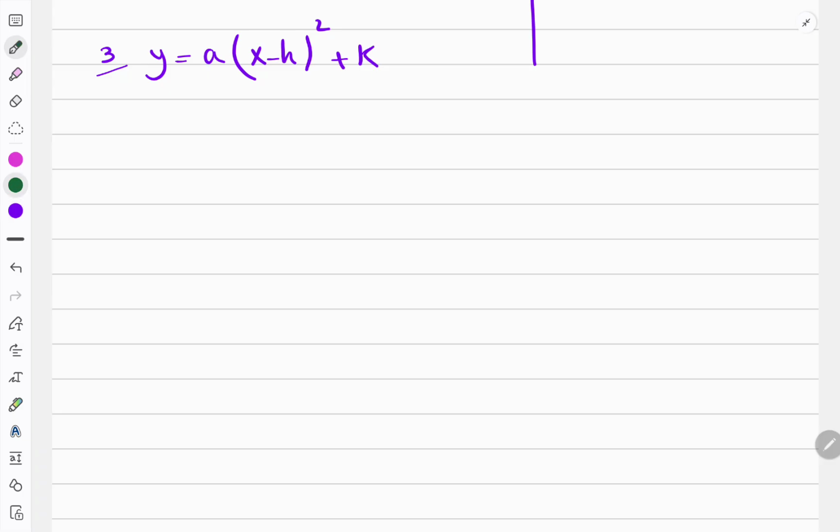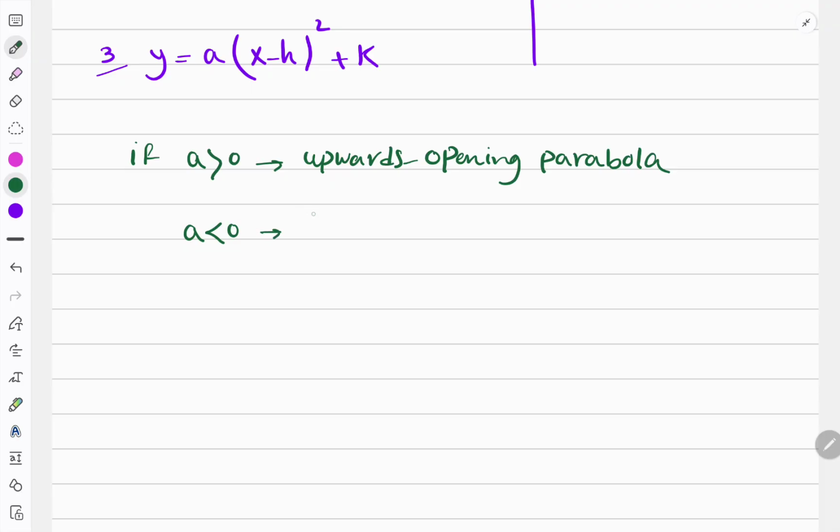If a is a positive number, we have an upwards opening parabola. And if a is a negative number, we have a downwards opening parabola.